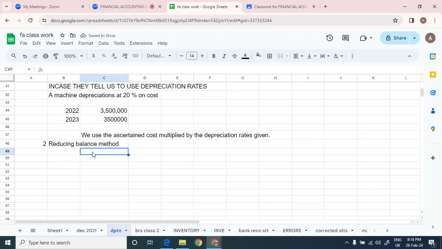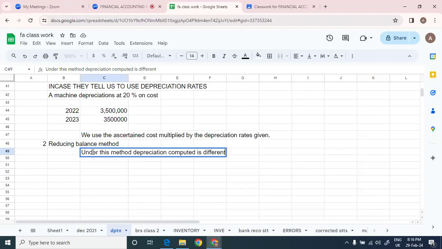We say under this method, depreciation computed is different all over the years.